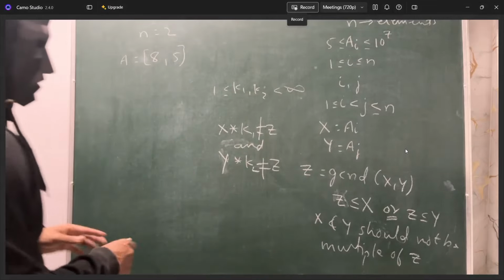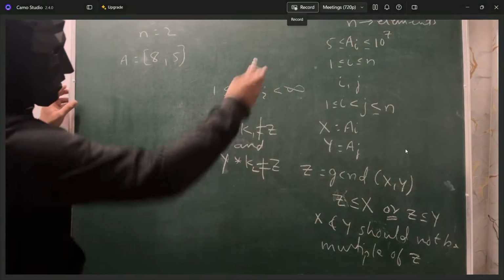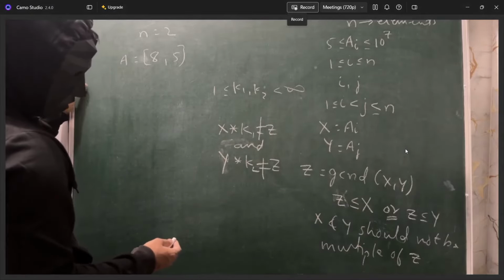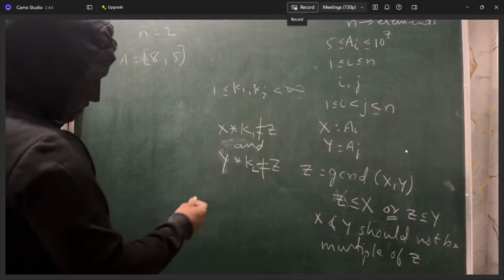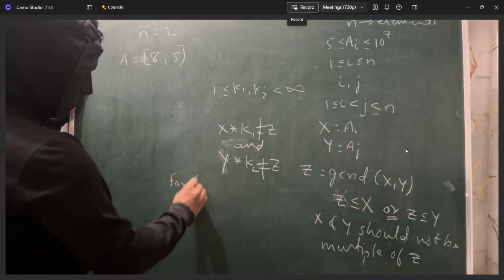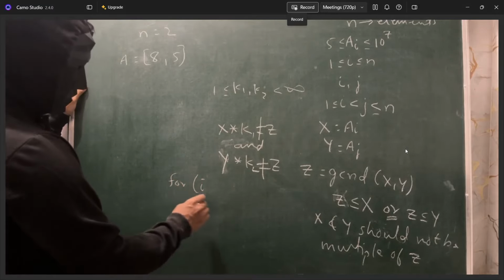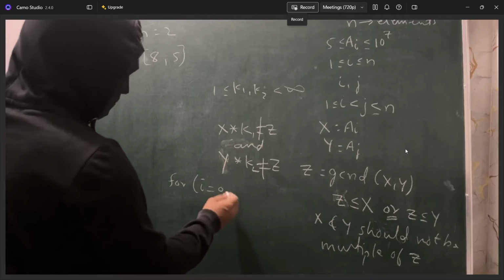So this is the problem statement that is given. Now what they're asking is, for the array elements given, you will have to find the pairs. In order to find the pairs, you can take two for loops. This is a brute force way, and it will give TLE, but I'll tell you the brute force way.